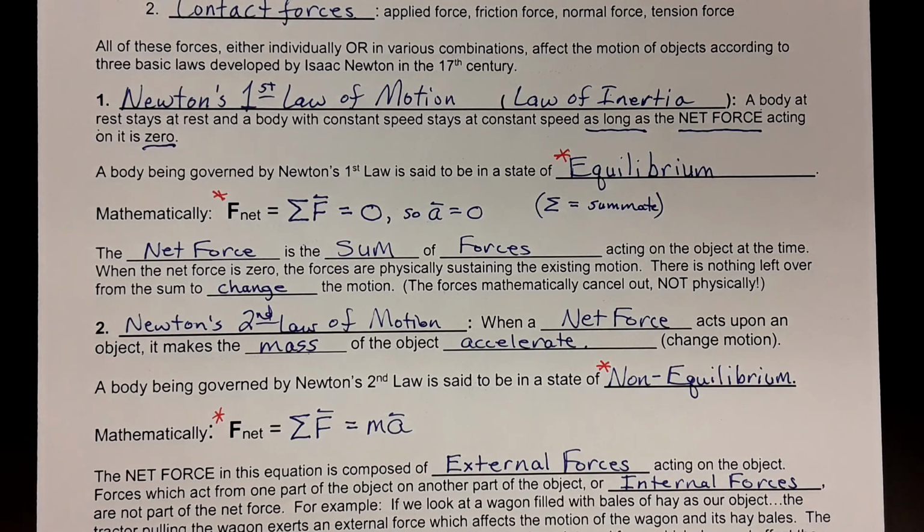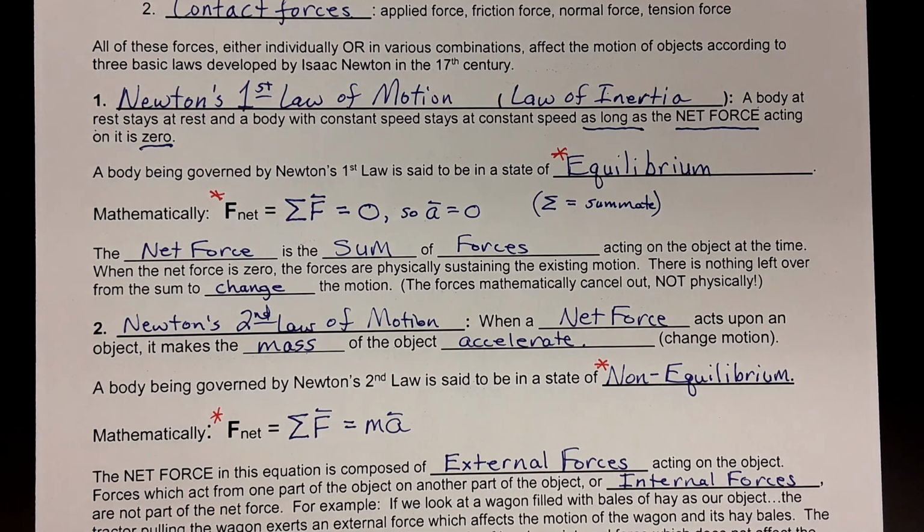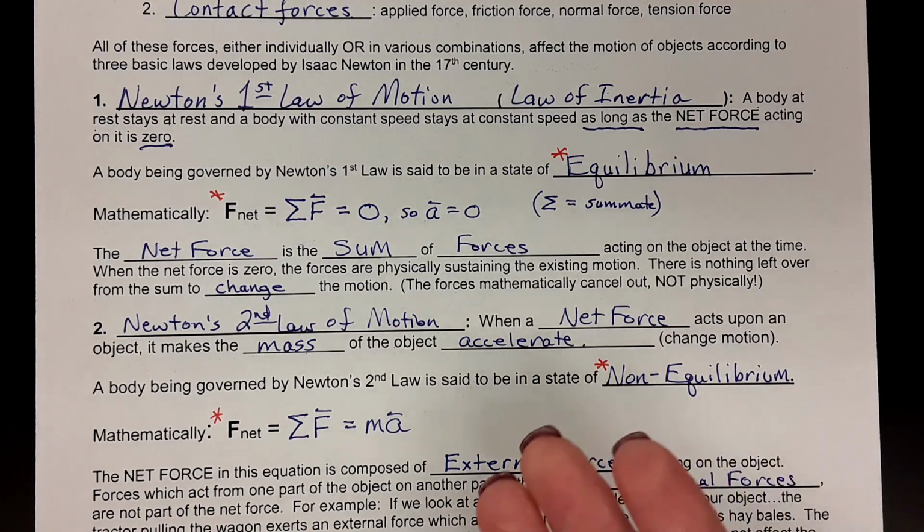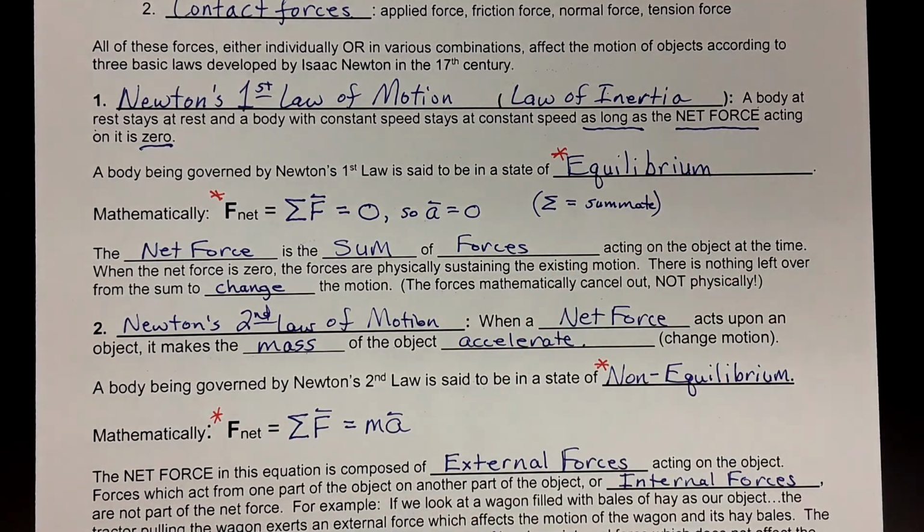But if we look at the pressing force between one bale of hay and another bale of hay, or the wagon supporting the weight of the bales, pushing up on the bales, since we're considering our object to be the wagon and the bales, those pressing forces would be considered internal forces, okay?